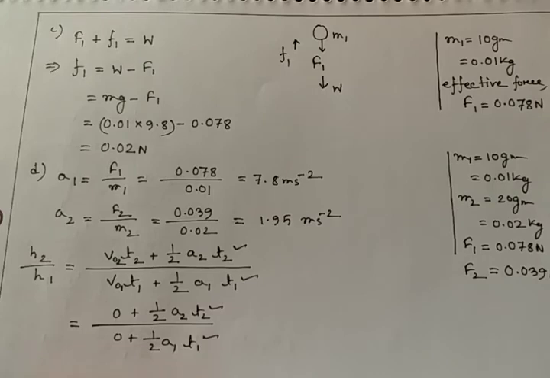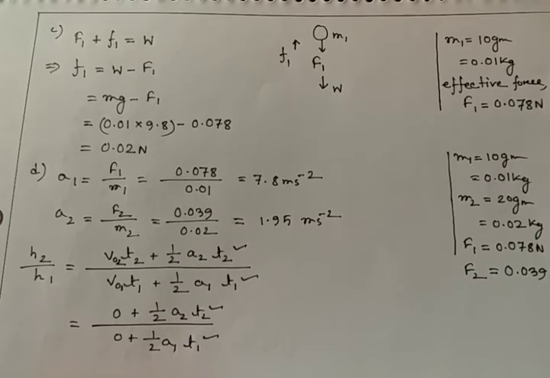Our question number C is, what is the frictional force on the object of mass m1? Listen here, if you observe the question, the forces are given as effective force, not as applied force.